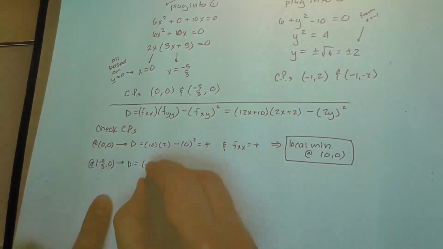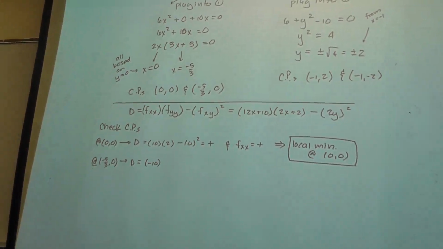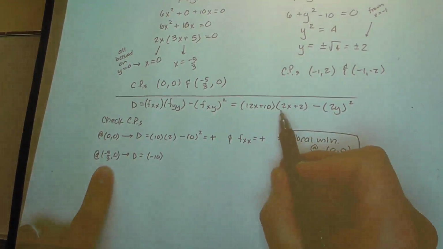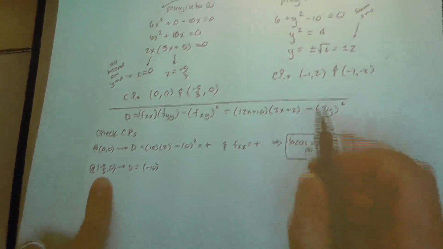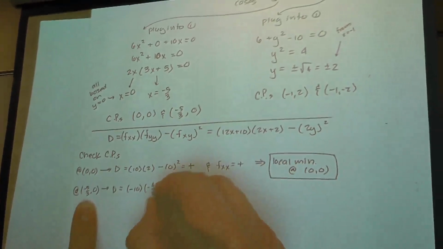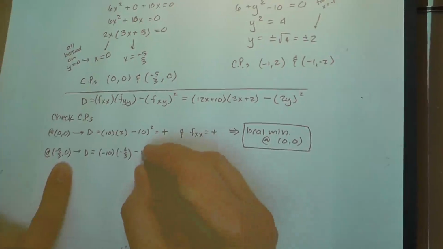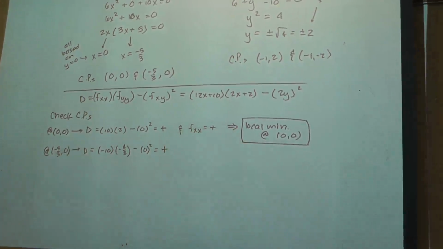So you actually have a negative 10 there when you plug negative 5/3 into 12x plus 10. 2x plus 2 is going to be negative 10/3 plus 6/3, so negative 4/3, minus, this only depends on y, so you're subtracting goose egg, and it's positive.